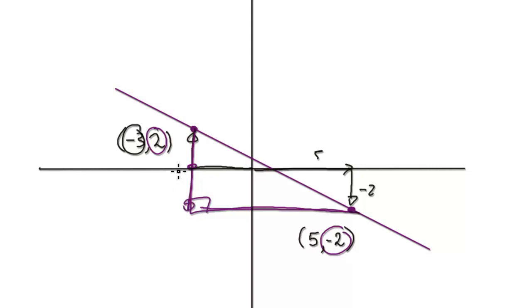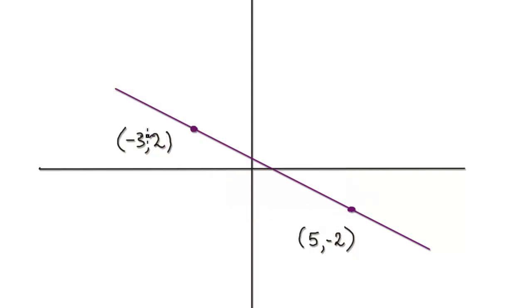So the total height here would be 4. Now, to obtain the width here, you've moved -3 back, and then here you've moved +5. So the actual length here is 8.